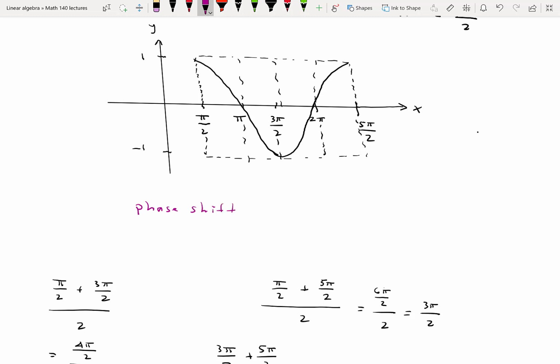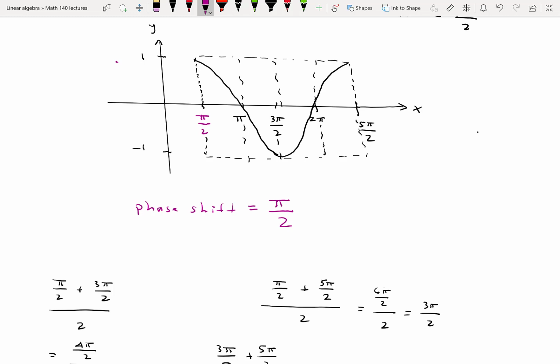The phase shift is the new starting point for the graph. The phase shift in this case is pi over 2. Okay, the phase shift is pi over 2. That pi over 2 amounts to the new starting point on the graph. So that's why we call it the phase shift, okay?